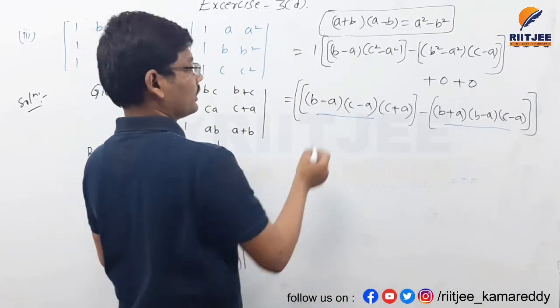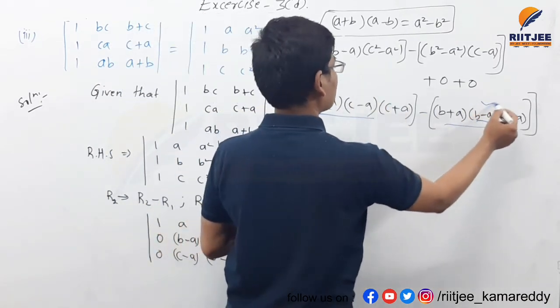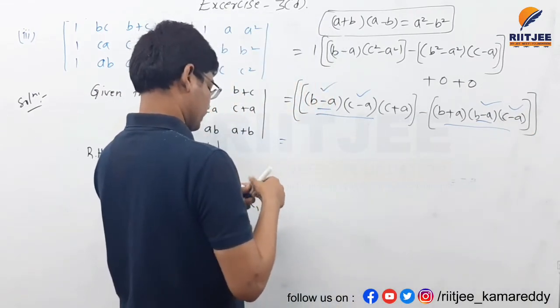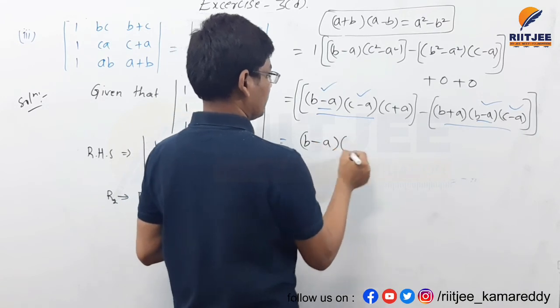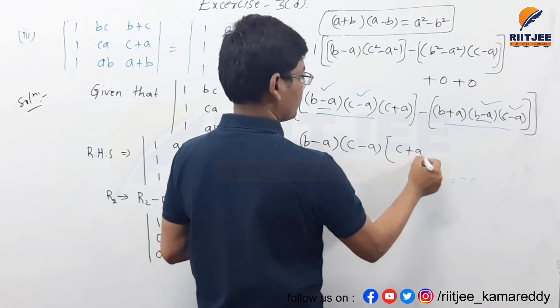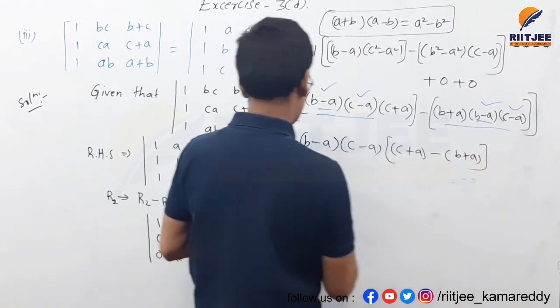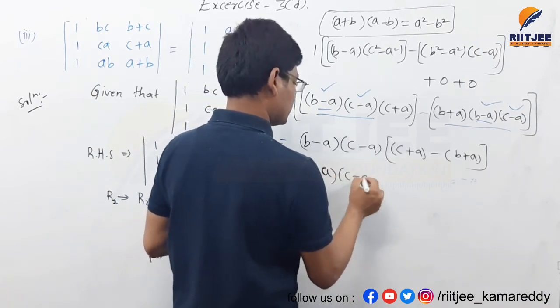In these two terms, B minus A and C minus A is common. I am taking B minus A into C minus A as common. Next, finally the remaining term is C plus A minus of B plus A.